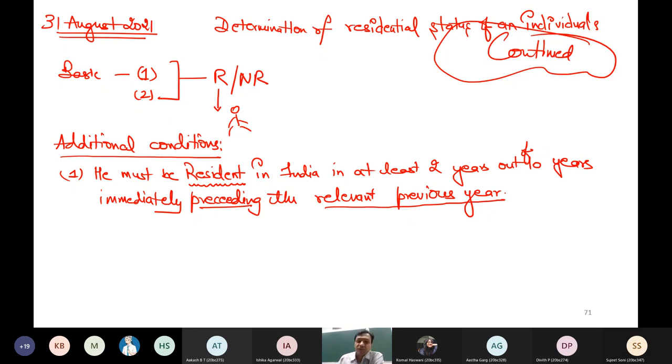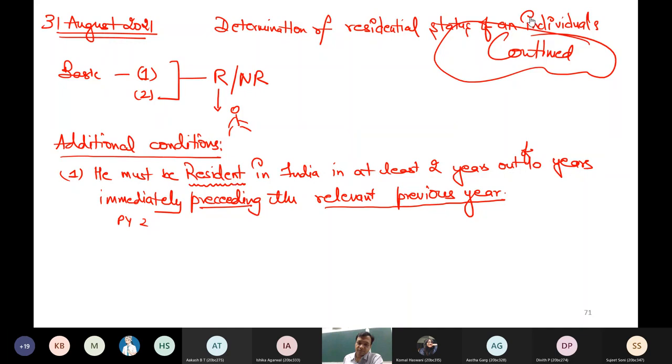So what is my additional condition number 1? That ignoring your current previous year, which is 2020-21 in my case, in the last 10 years, at least 2 years he must be resident.